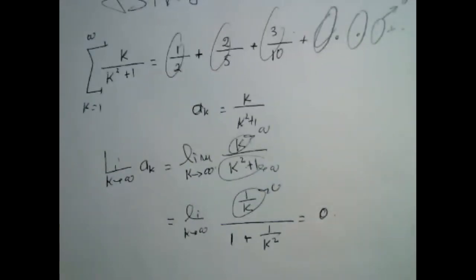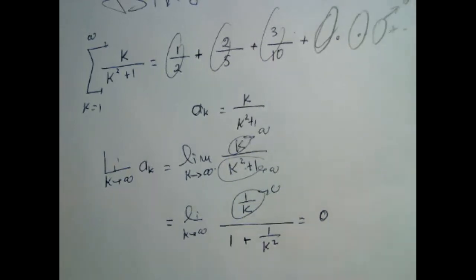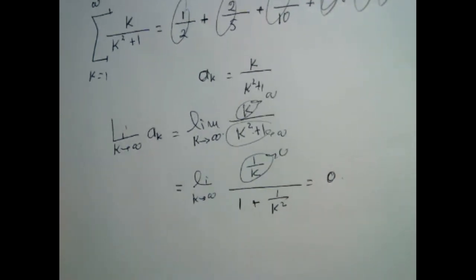Now, does this mean the series converges or diverges? The divergence test tells me what happens in this scenario. Exactly. When the terms become close to 0, the divergence test is inconclusive.